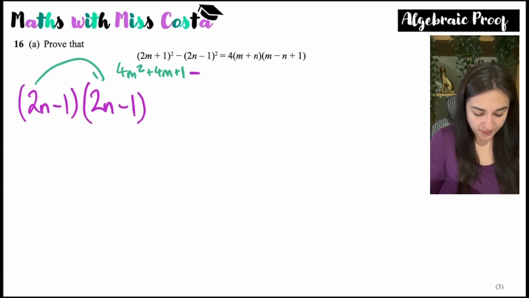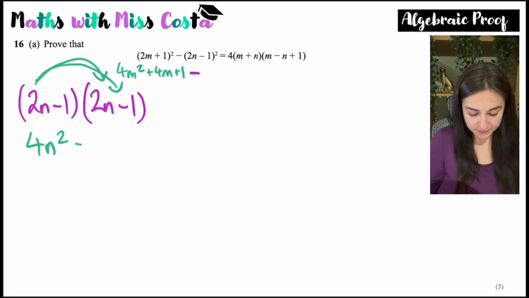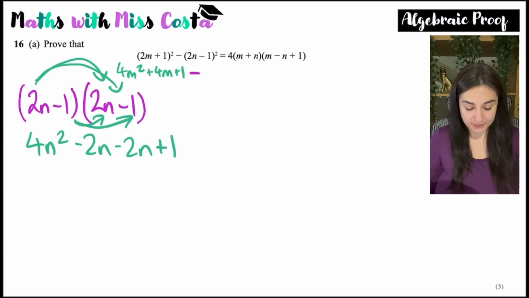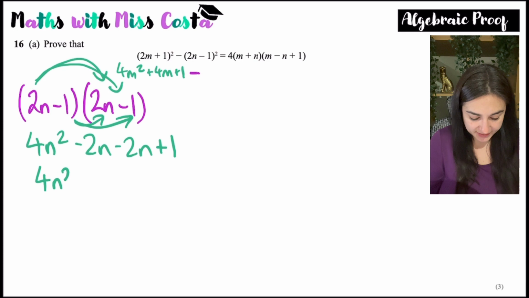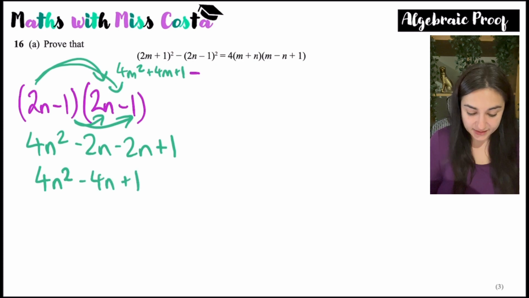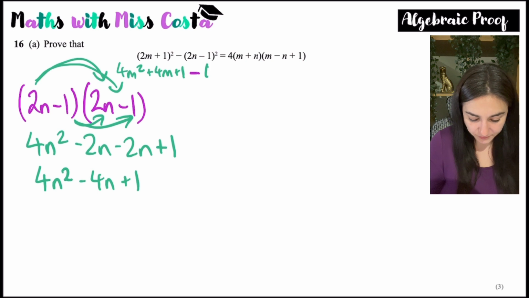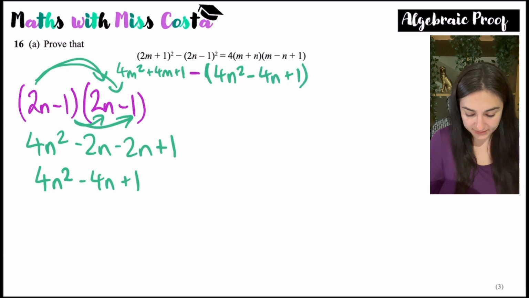Let's have a go at that. 2n times 2n is 4n squared. 2n times minus 1 is minus 2n. Minus 2n, and then a negative times a negative is a positive, so it's plus 1. Simplify that, so you've got 4n squared minus 4n plus 1. So you were subtracting this whole expression, 4n squared minus 4n plus 1.